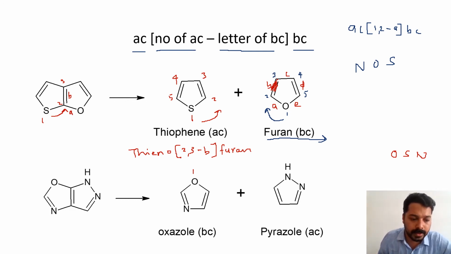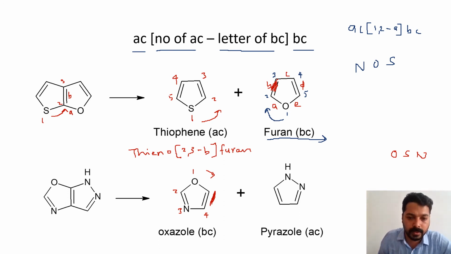You cannot go this way, because the fused bond is over here, but if you go in this way, it will be 2, 3, 4. The heteroatoms should get the lowest locants, so it is 1, 2, 3, 4, 5, etc. Clear?